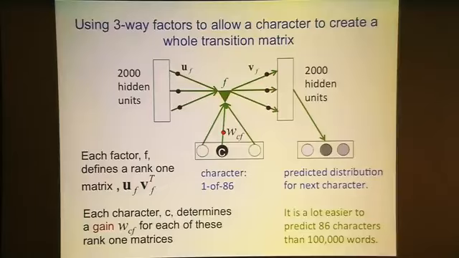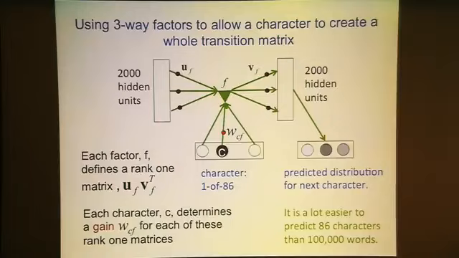We're going to say, instead of going straight from here to here via a matrix multiply, I'm going to have things called factors. And I'll have about 2,000 of those. It could be more than 2,000 or less than 2,000. And the way each factor works is this. It applies a linear filter to this vector.